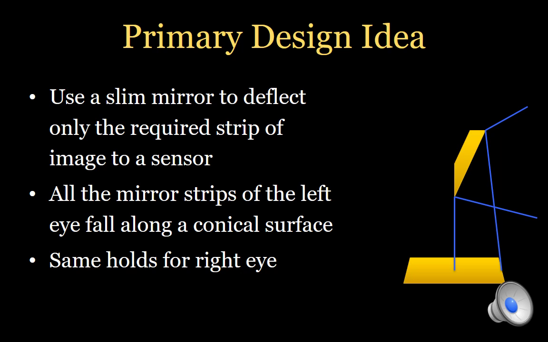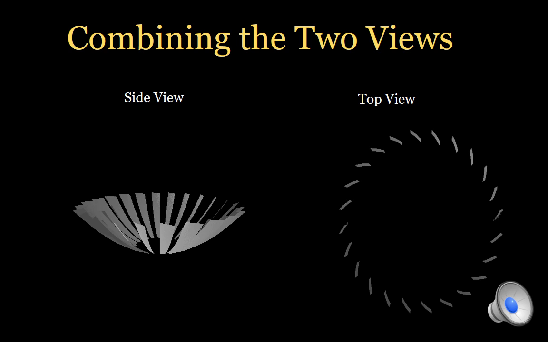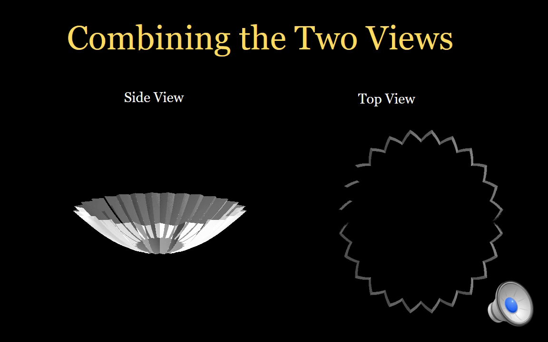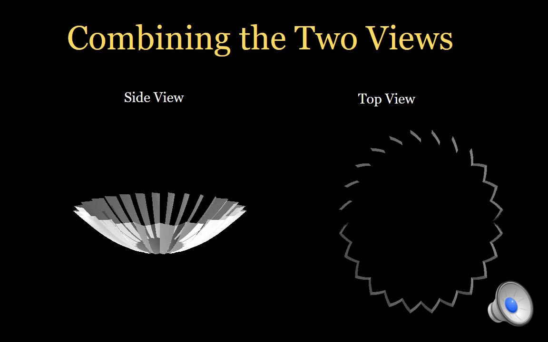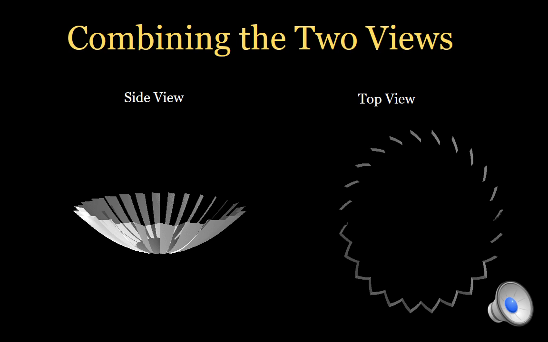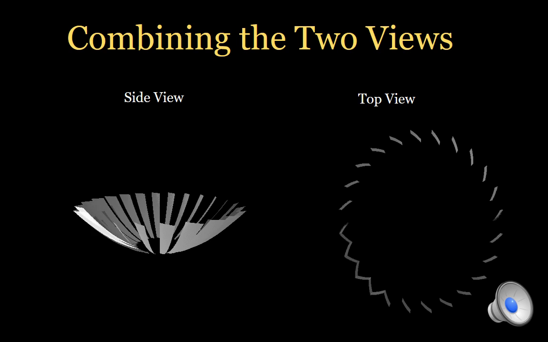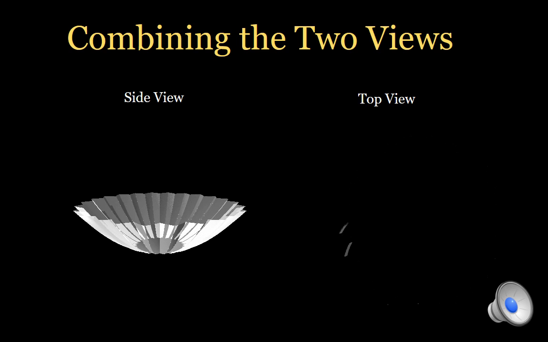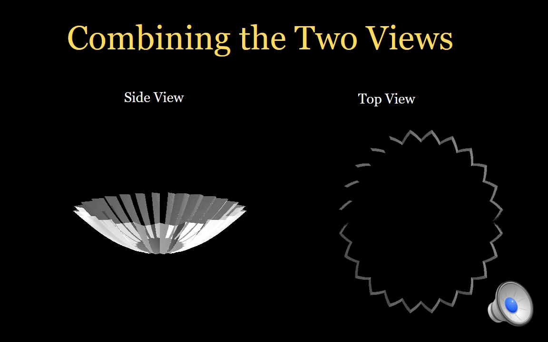And the same holds for the right eye. Now if you combine the two views, you would notice that all the mirror strips for the left eye and the right eye in fact combine together to form a single cohesive shape. Moreover, we also prove in the paper that these mirror surfaces do not occlude each other.